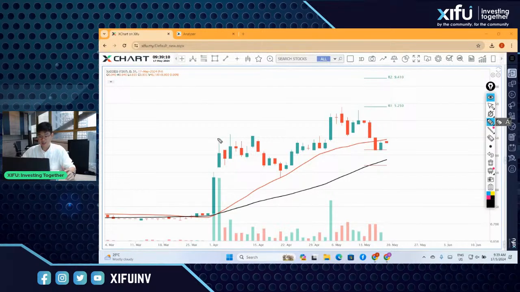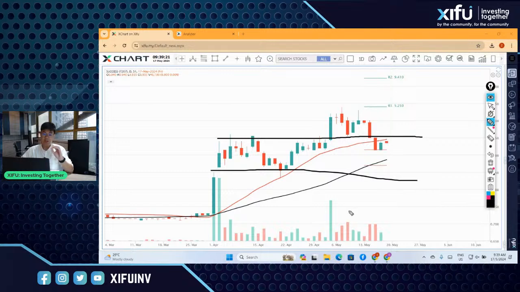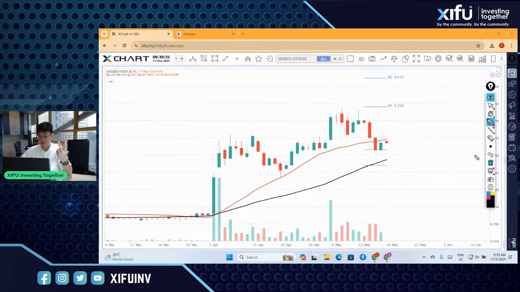Second is that whenever they cannot hold certain support and break back into this zone over here, normally this kind of stock will take some time. For example, Wangtel tried to break, stayed above for a few days, then dropped back again. Until now it's still sideways, almost 2 months already. So there are a few reasons why I don't want to stuck my capital in this kind of counter anymore.